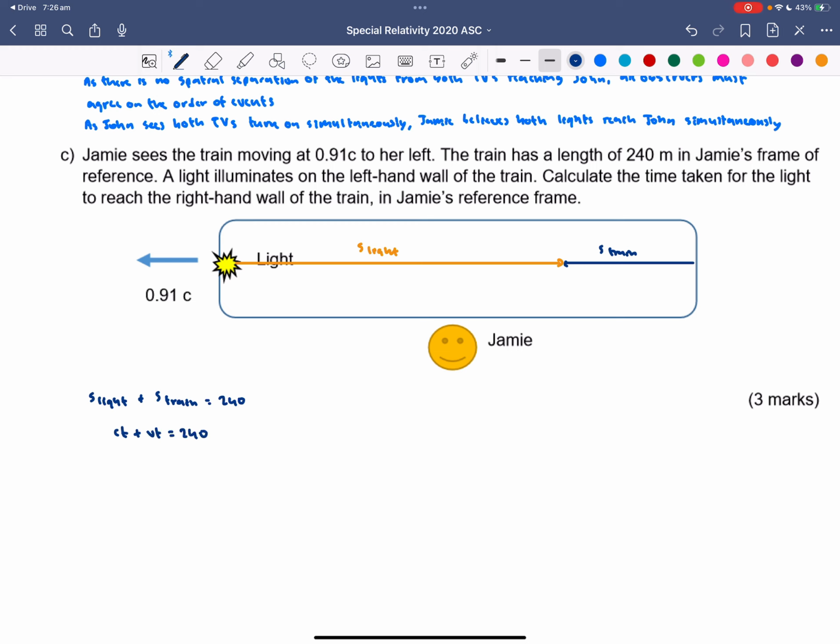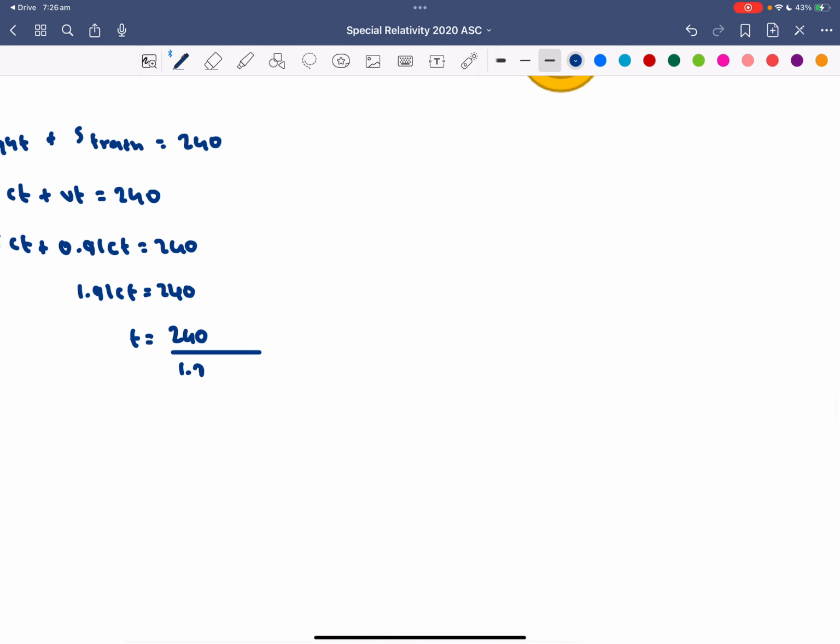So ct plus the velocity of the train, 0.91, so 0.91ct, is 240. So what I have is 1ct plus 0.91ct, so 1.91ct is 240. Therefore the time taken is 240 divided by 1.91c. So what that really is, is 240 divided by 1.91 times the speed of light.